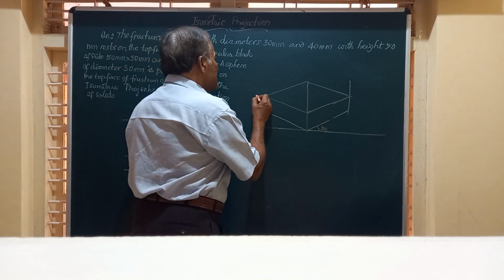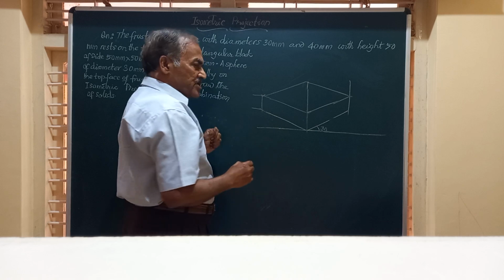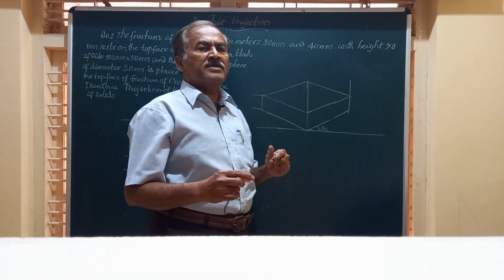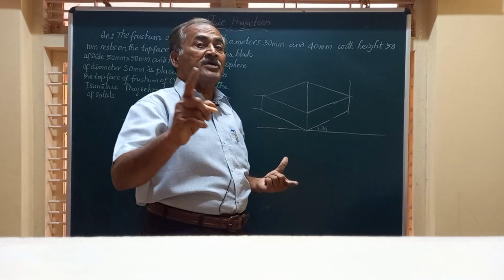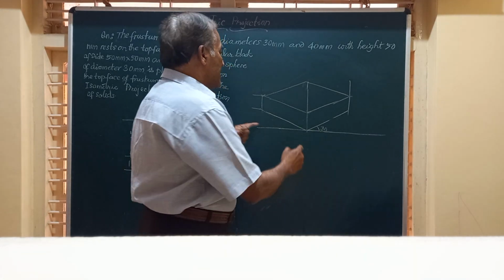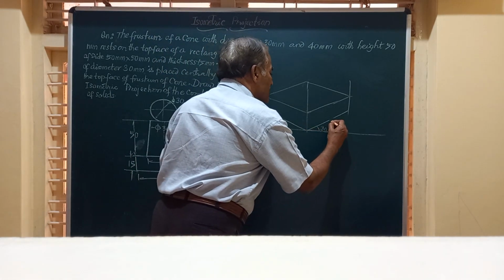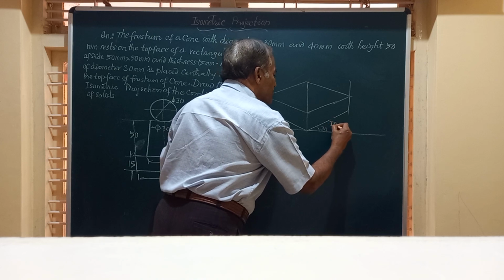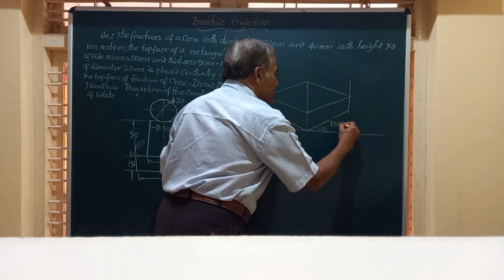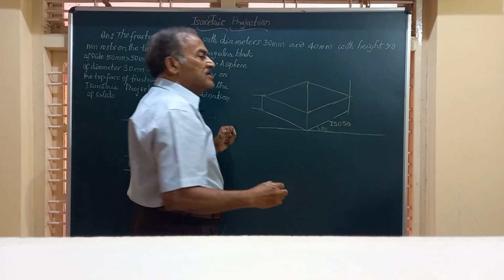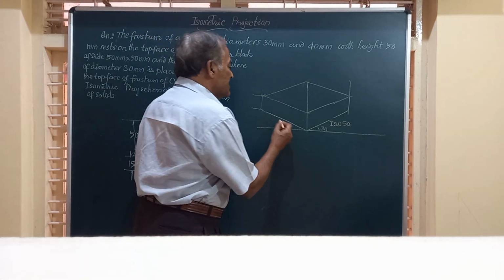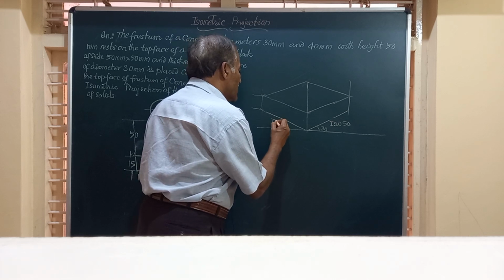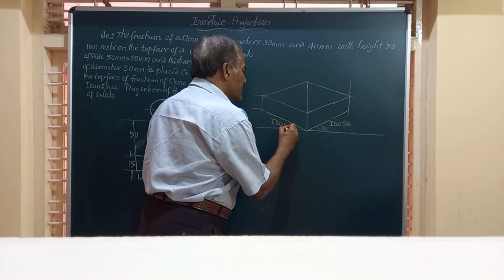And friends, since it is the isometric projection, whatever the dimension you use to construct this figure should have isometric length. So there is a length of 50 millimeter here, and I will say it is iso 50. That is to say, whatever the dimension 50 is there, that is to be multiplied by 0.815. Similarly, this also we have got iso 50.